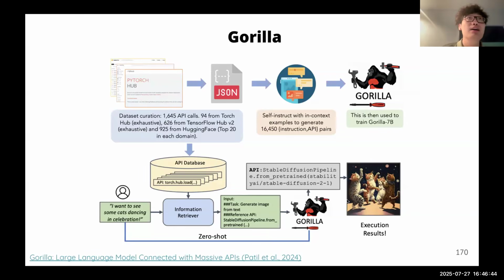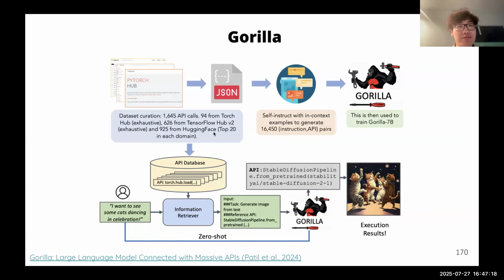And then there's a kind of follow-up work called Gorilla, where basically, instead of letting the model generate those kind of data from scratch, the authors curated more API calls here. So they basically collect 1,600 API calls in total: 94 from Torch Hub, 600 from TensorFlow, and 900 from Hugging Face.